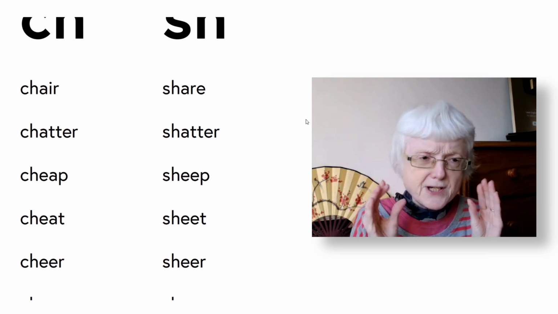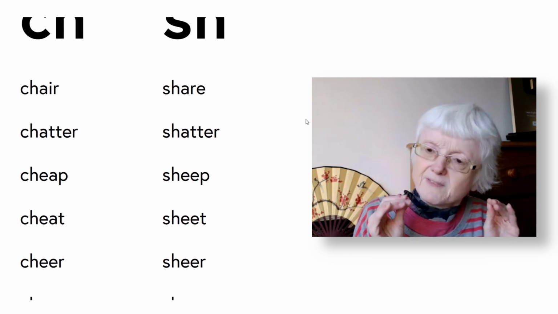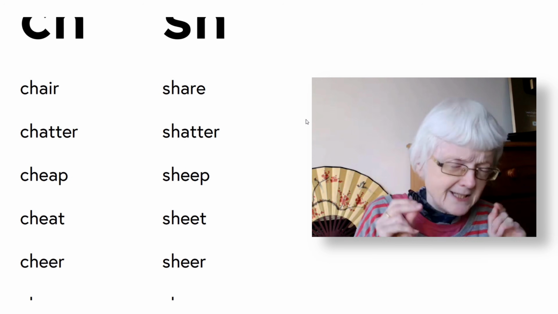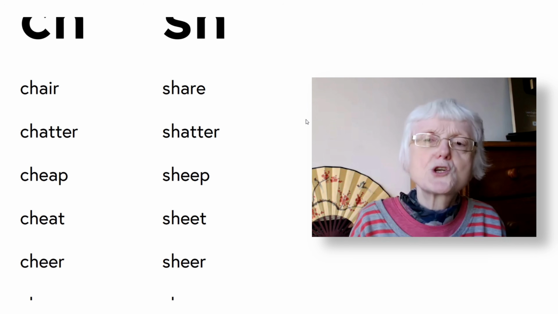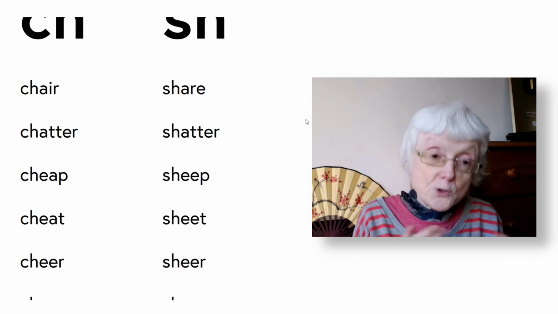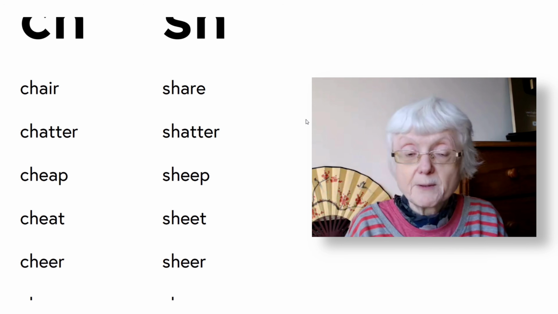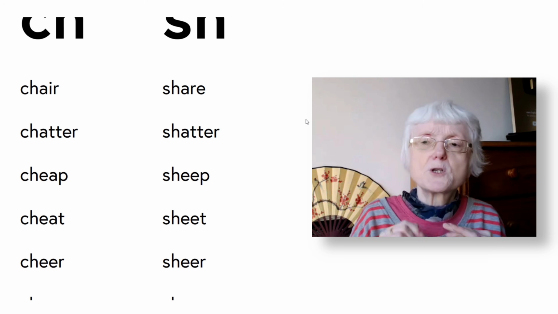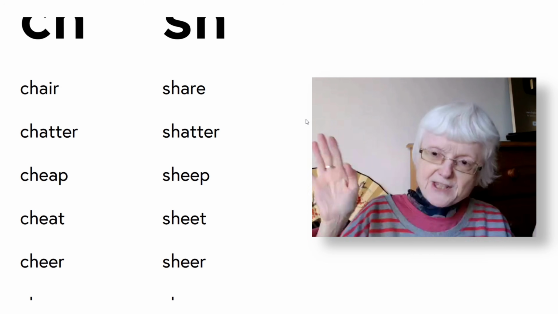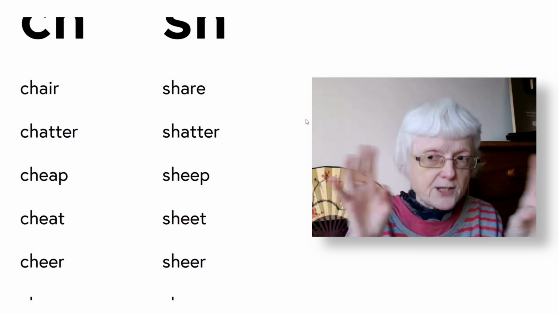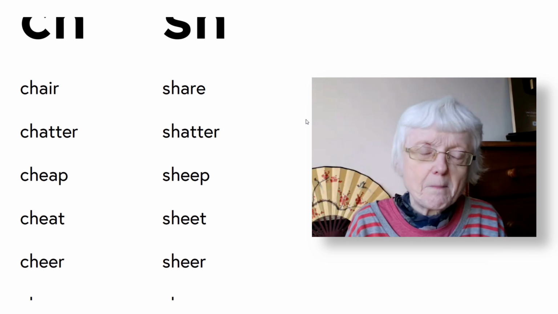It sort of imitates the sound of people talking. And shatter also imitates a sound. If you break a window, the window was shattered. It sounds like a glass breaking.